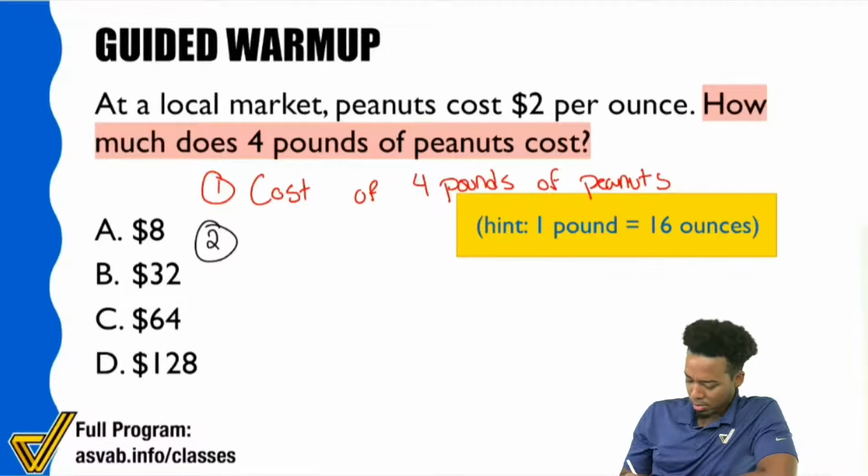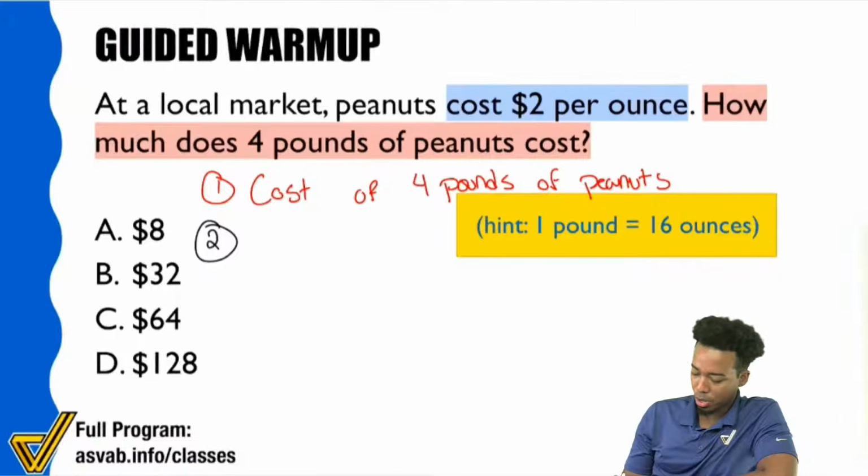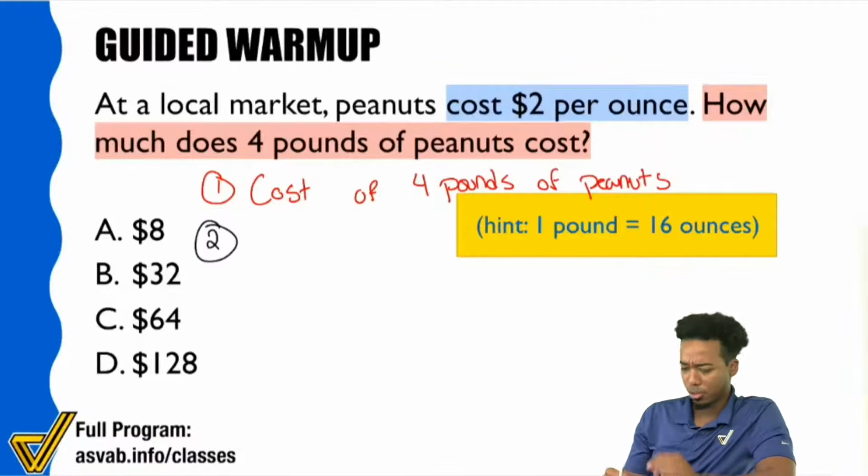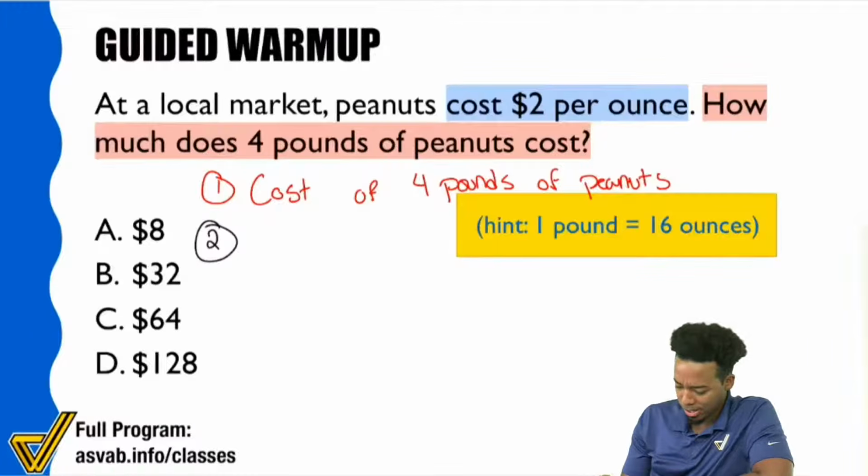So here it says in blue, at a local market, peanuts cost $2 per ounce. Okay, $2 per ounce. Now, here's one thing that a lot of people might do in this situation. A lot of first-time test takers might go look at this and say, oh, it costs $2 per ounce. I see $2 right there. Great.